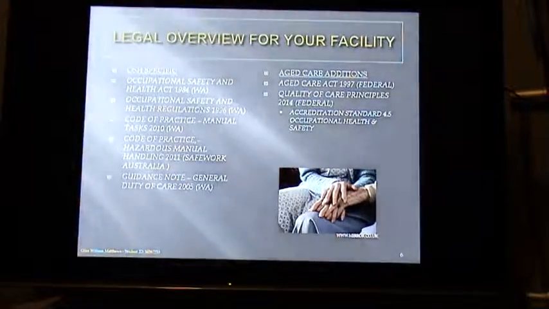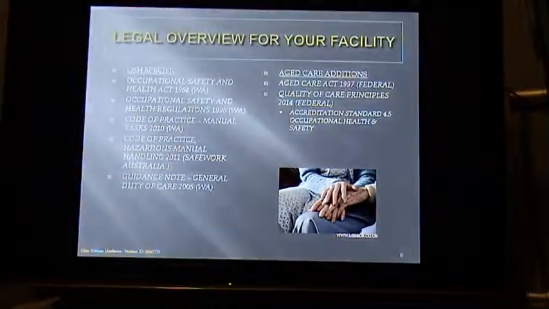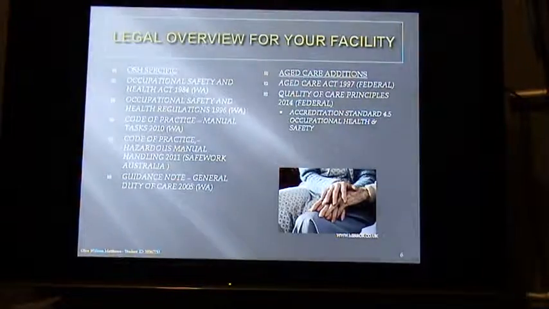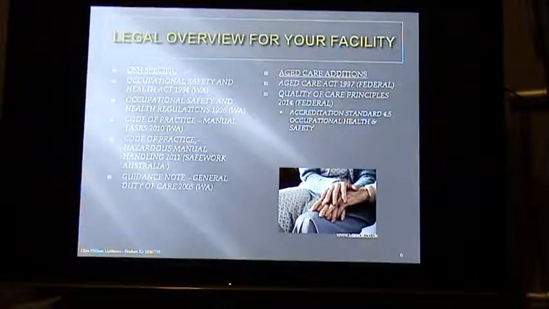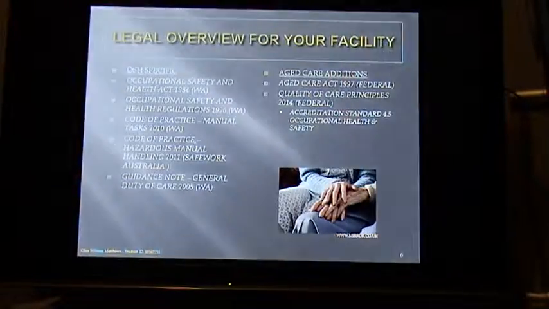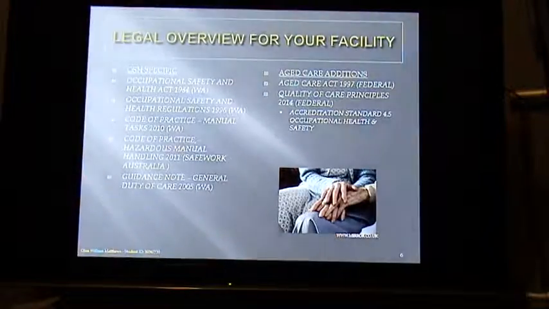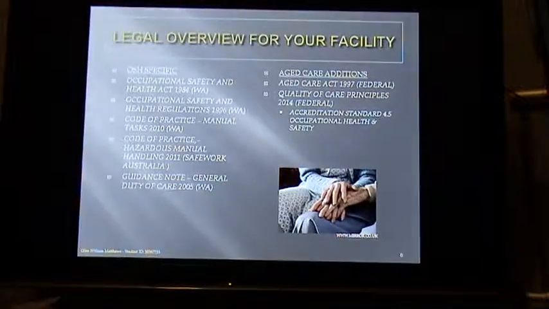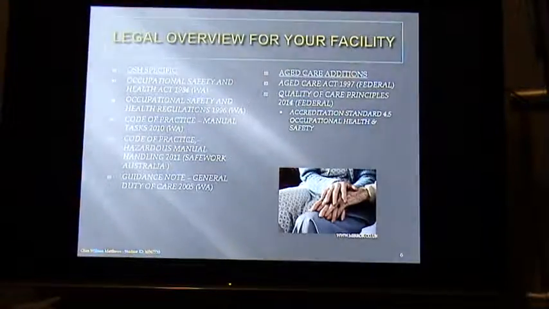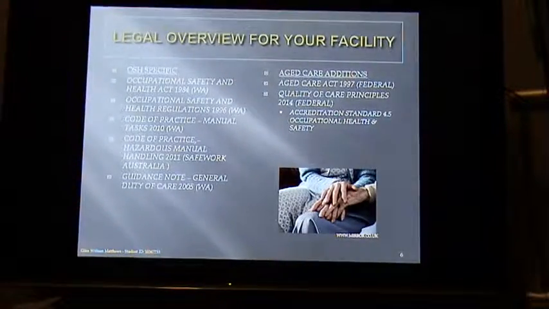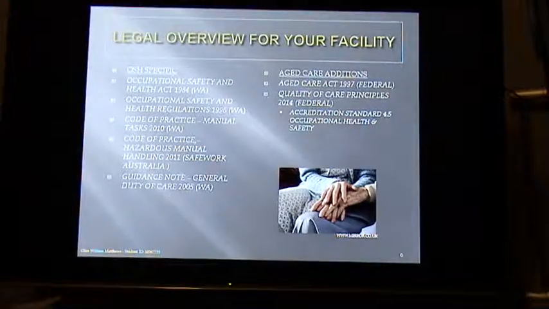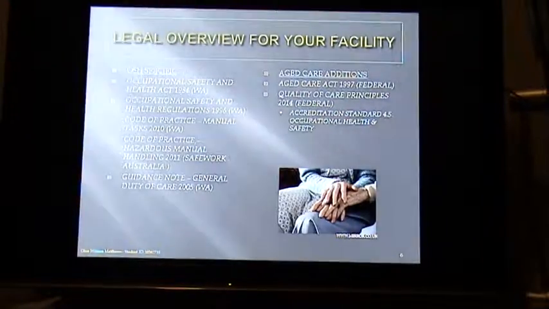And then under the Act of Parliament are the Regulations 1996, which again is just a Western Australian document, applicable only here. Then we have some specific codes of practice, the first of which is Code of Practice Manual Tasks 2010, which is also a WA document, and as it mentions in the title, obviously that covers manual tasks, of which there are a lot, with the manual handling of patients on a daily basis within your facility.